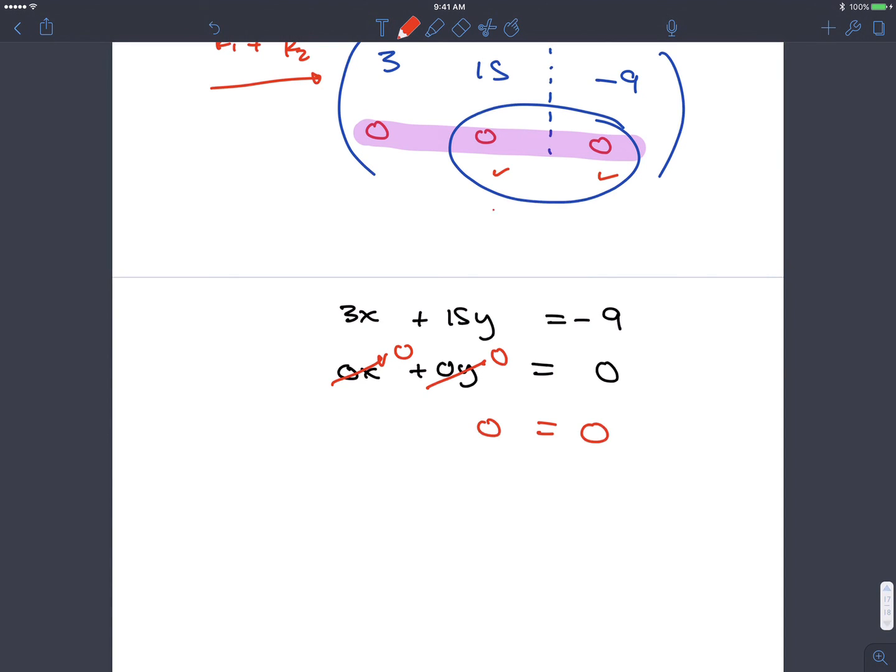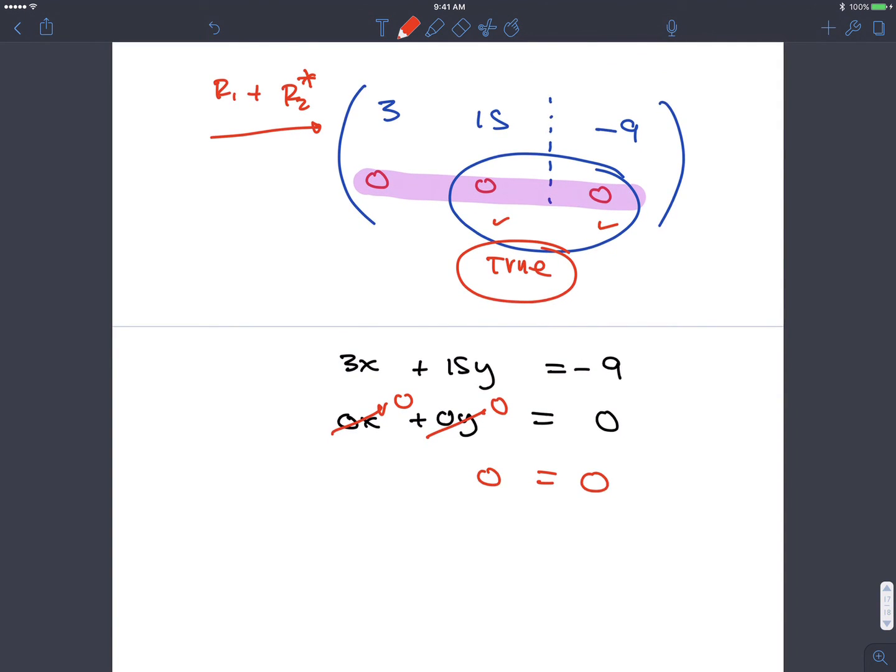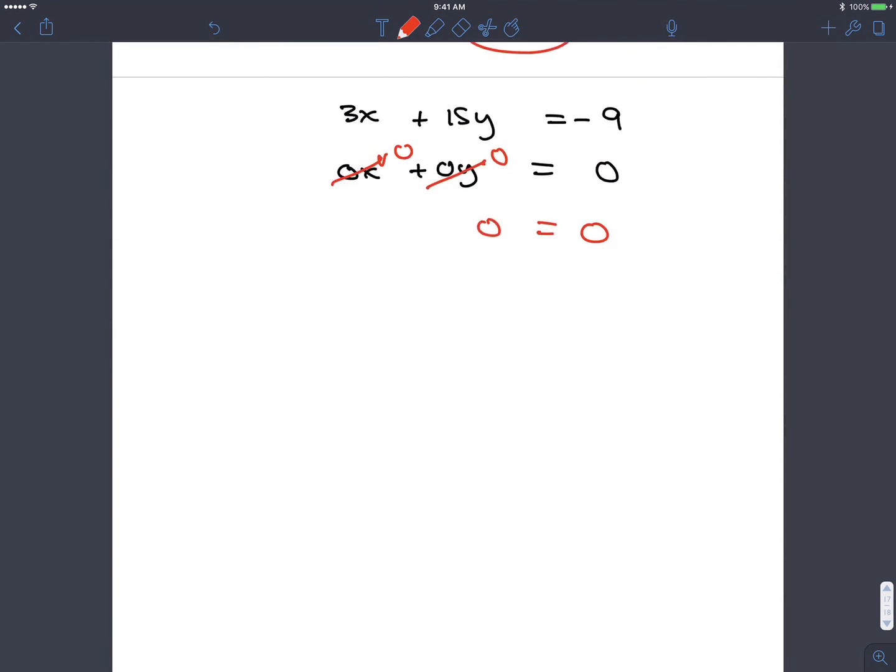Now, this is a true statement. Okay? 0 is 0. And if you remember from the discussion in class, what that really means is we had the same line. The same line means there's infinitely many points of intersection, or infinitely many solutions.